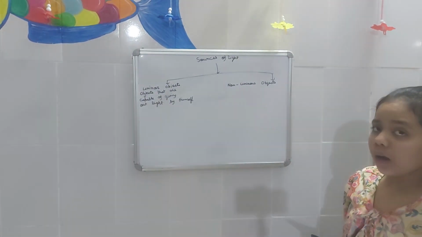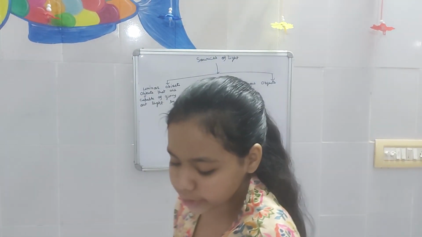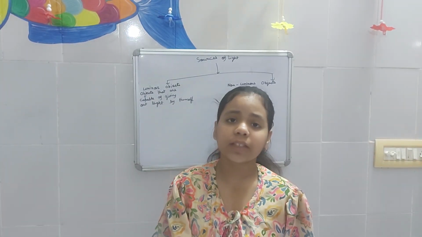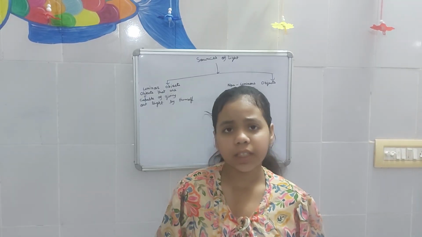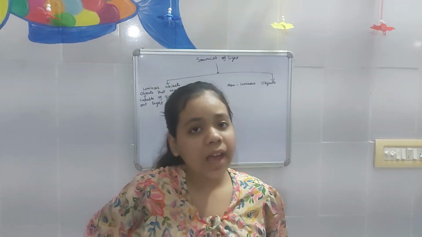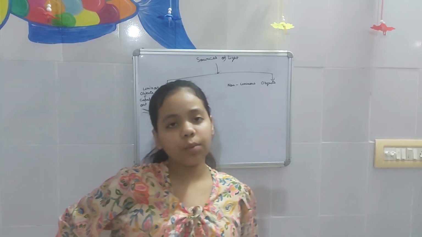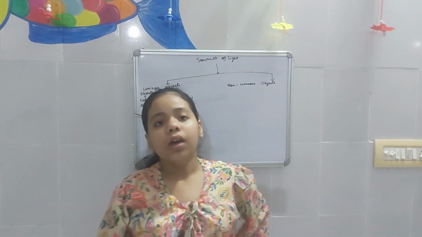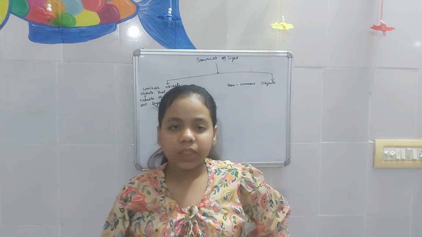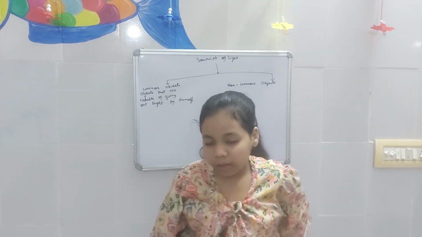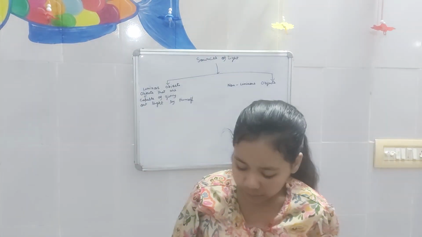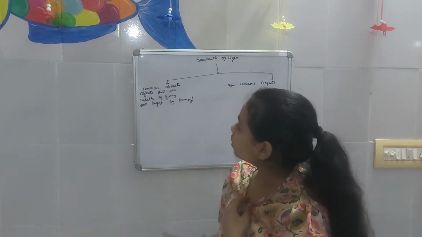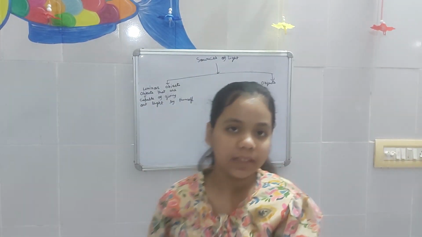So what can be the examples? See, we have eyes, so we can see which are luminous and which are non-luminous. Luminous objects, we have already learned, are the objects that are capable of giving light.